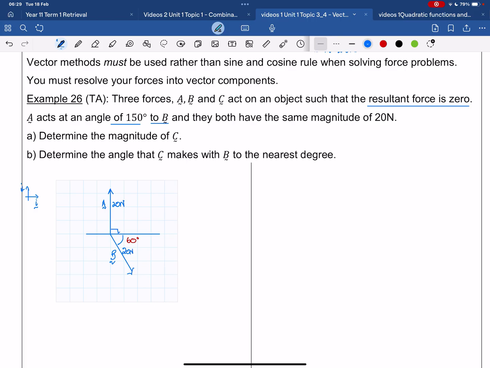And we can sketch C in. We don't really know how big it is, and we don't know which direction it's actually acting in. But in order to balance force A and B, C must be somewhere over here, because it's told me that the resultant force is 0. So I'm going to make C over here, and we'll label this angle here, and we'll see how we go.